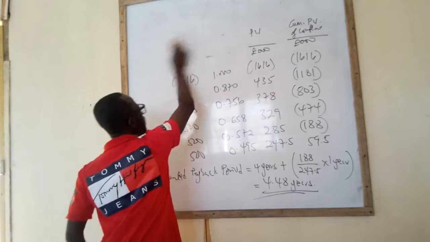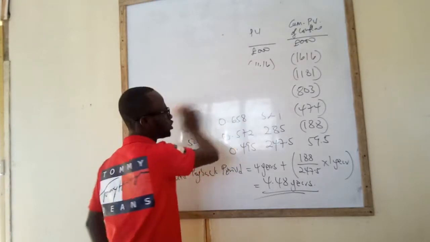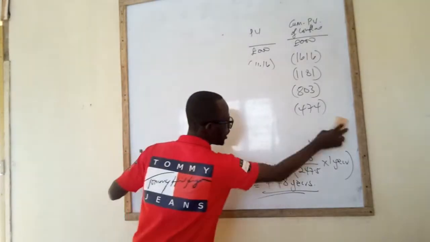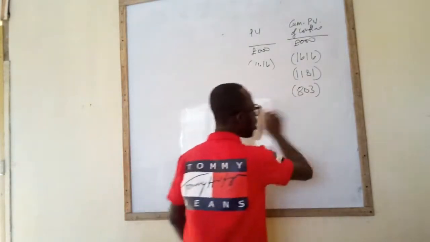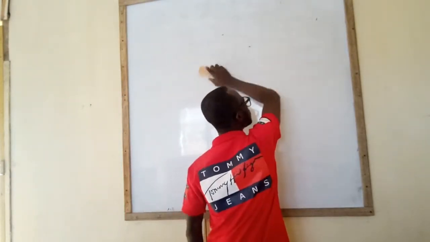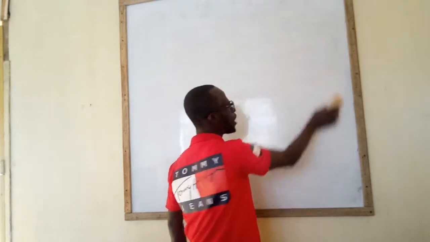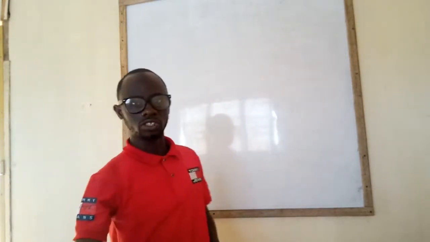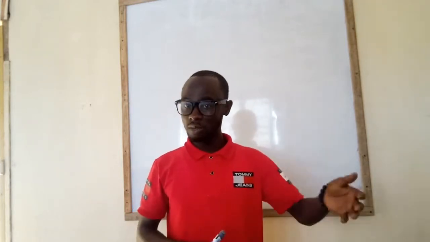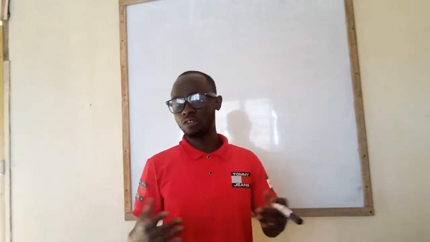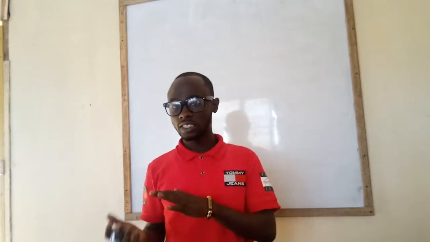Now, when we talk about the net present value approach, it is only when we appraise the project taking into consideration all other factors. So under the net present value approach, the decision rule is that when the NPV of the project is positive, we accept the project. When the NPV of the project is negative, we reject the project.